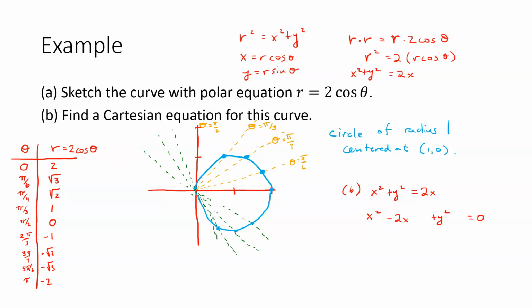I'll add 1 to both sides so that this now factors into a perfect square. X minus 1 squared plus y squared equals 1. So here you see it agrees with what we observed here. It's the equation of a circle centered at the point 1, 0 with a radius of 1.